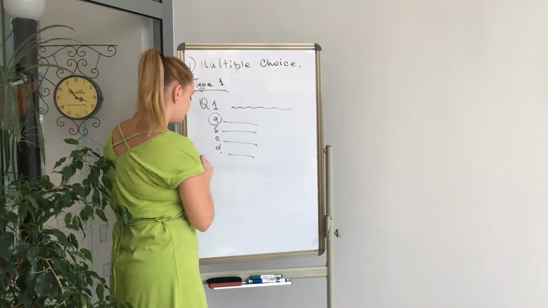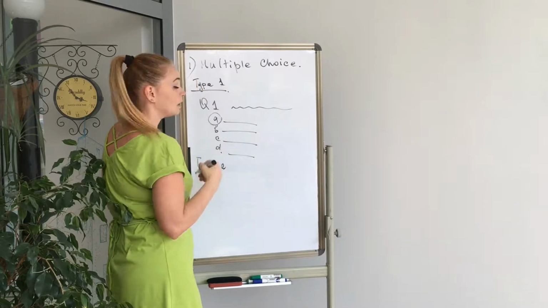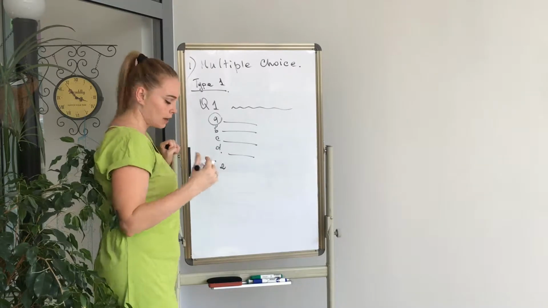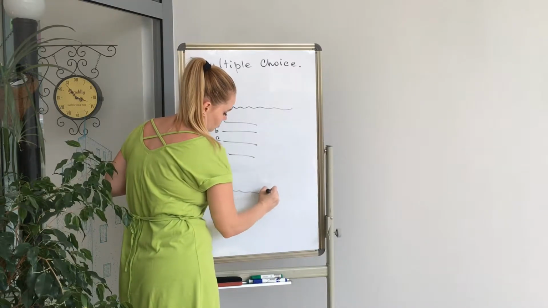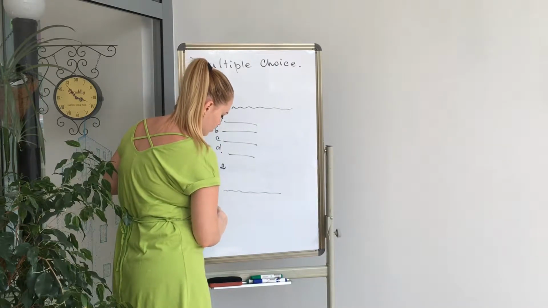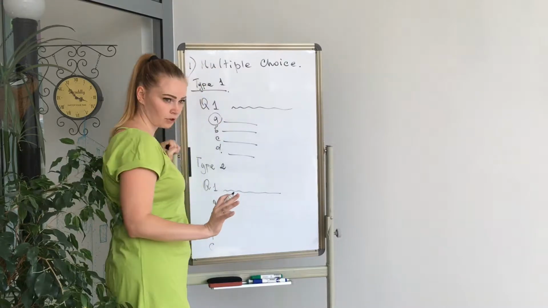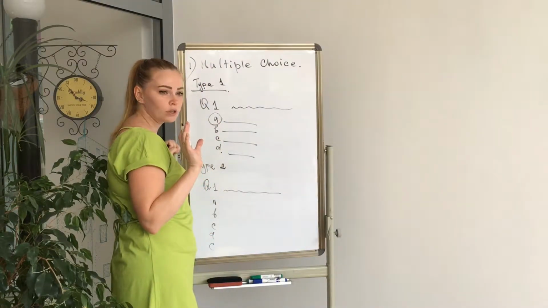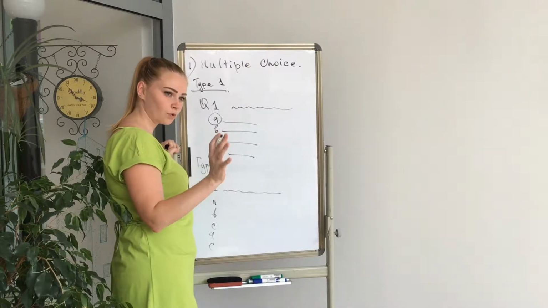If to compare it with type number 2, in type number 2 you usually have one question, several answers, variants of answer, and two or more variants are possible. Usually it's 2 or 3.